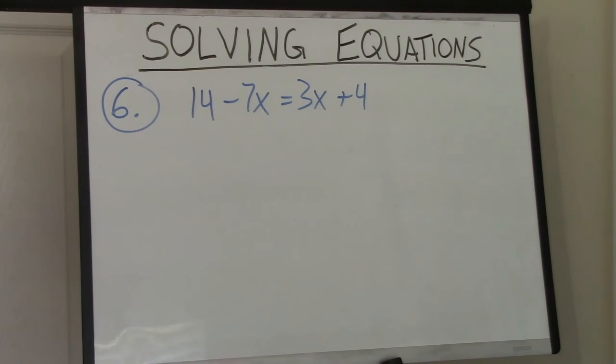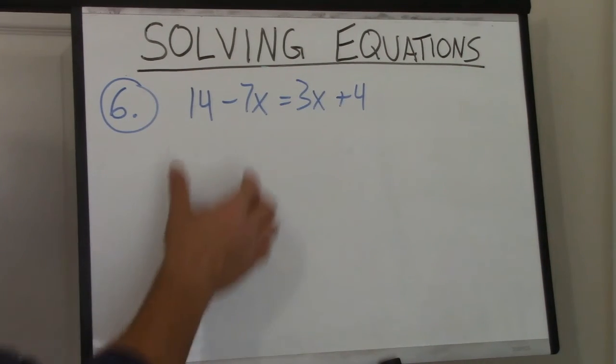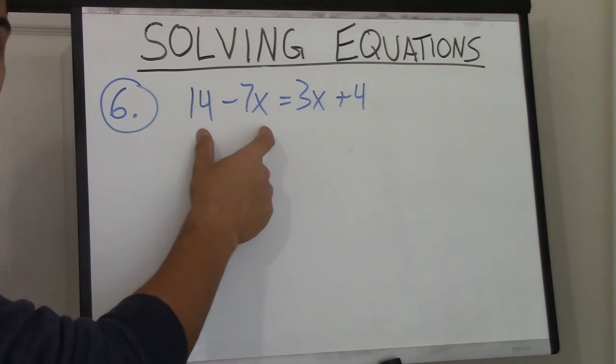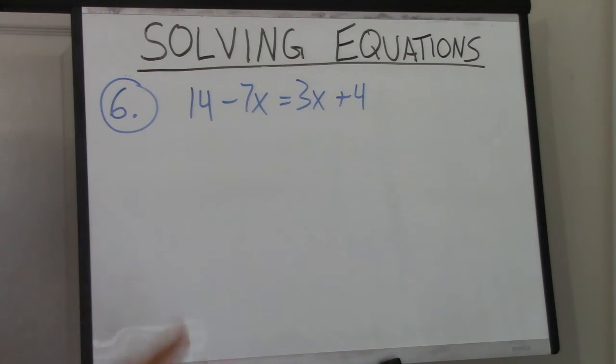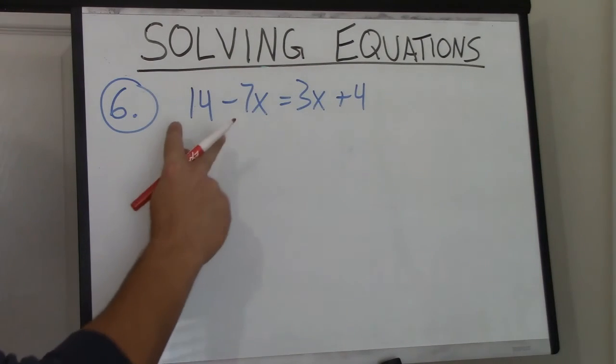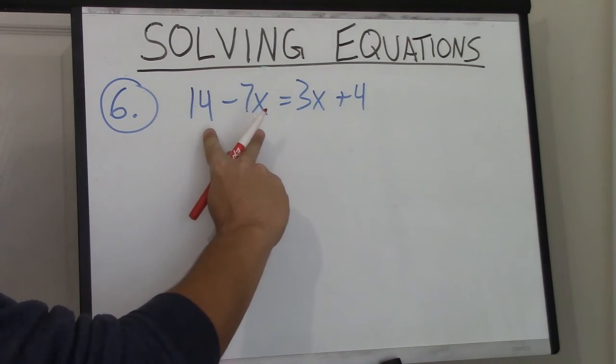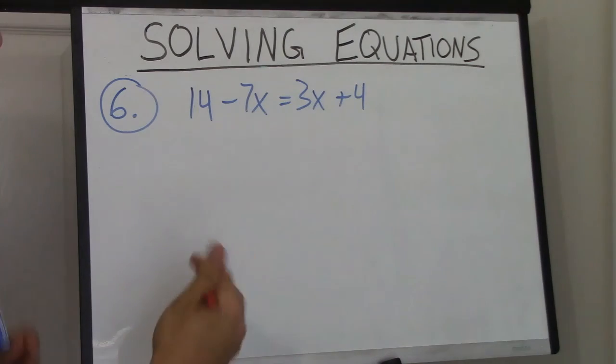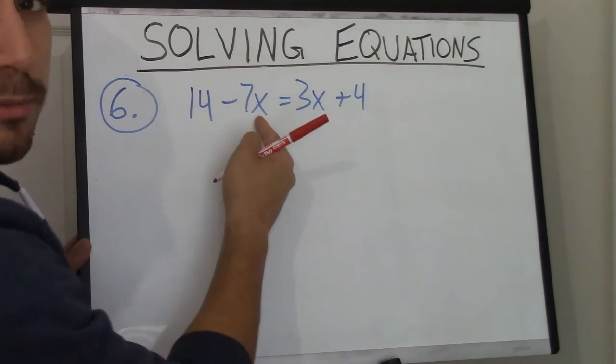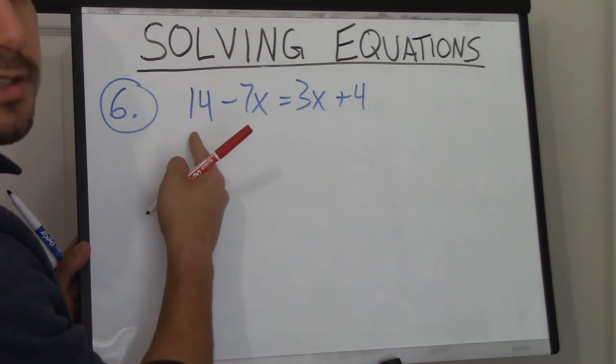So the first thing you may notice when you look at this is that this expression on the left side of the equation is not in simplest form because the variables are not in decreasing order by their exponents. So I can rearrange the terms of this expression to put it in simplest form. I want my variable to come first and then my constant to come next.